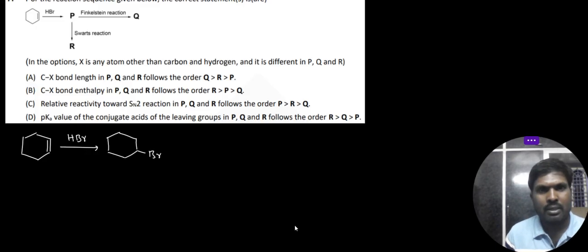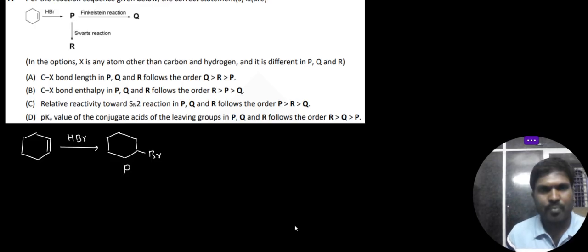So first, cyclohexene. Cyclohexene reacts with HBr to form bromocyclohexane.